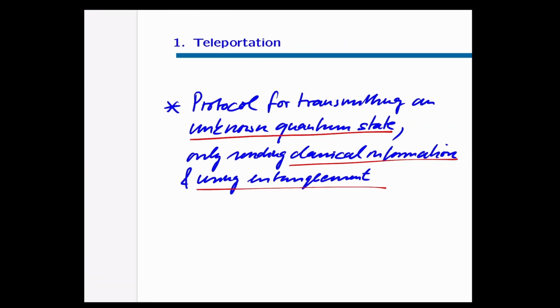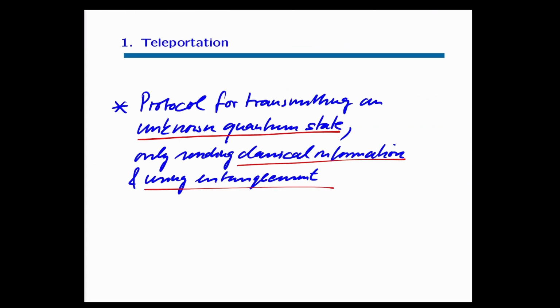And so now with that, let's go to the teleportation protocol. So let's first talk about what it does. So suppose you have two parties, like, I don't know, Alice here and Bob here. They can be very, very far separated in space. And the task is to carry a qubit from here to this other location.